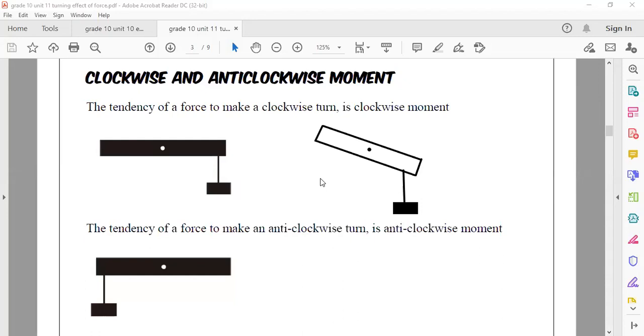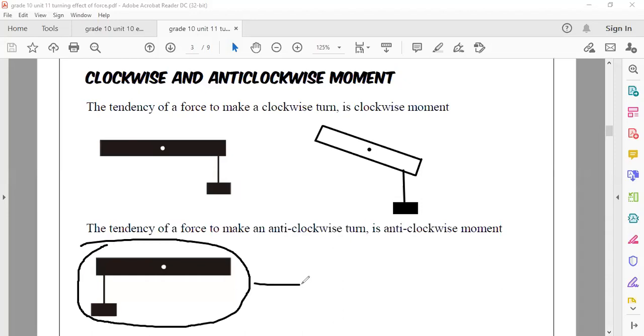Good. Can you draw the next diagram? Can you draw this one, how it will turn?